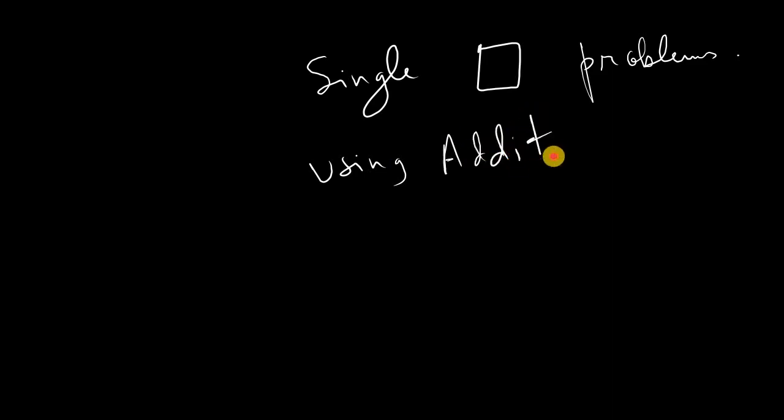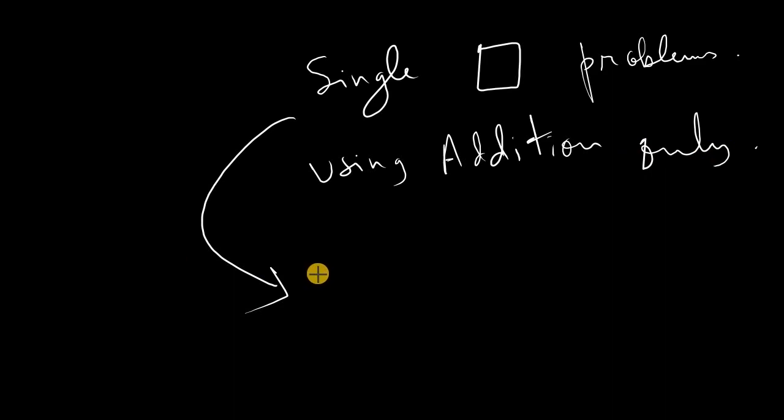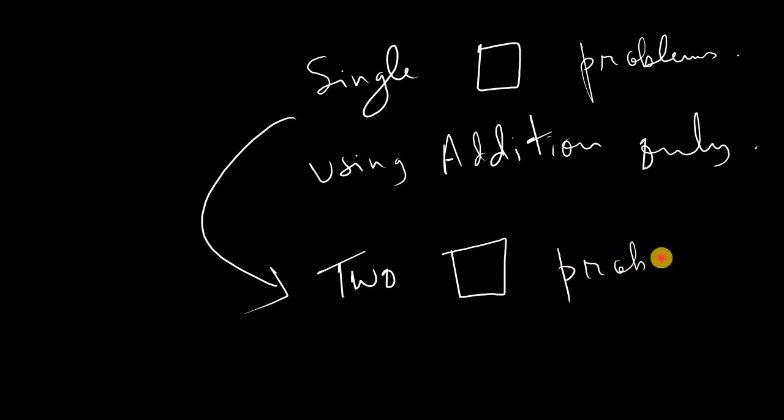Remember, in my next video, I will talk about the little bit more difficult problem of subtraction using addition only. Right, fine. Now the next step will be using two boxes. So let me talk about two box problems. So how do you do that?